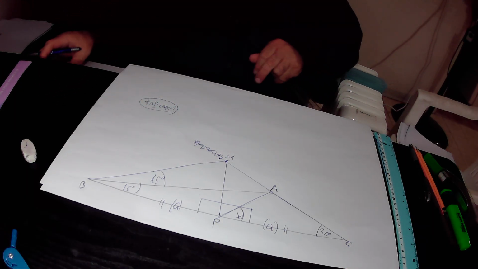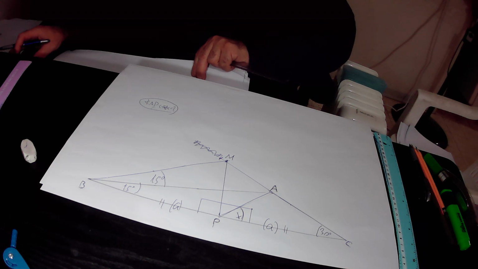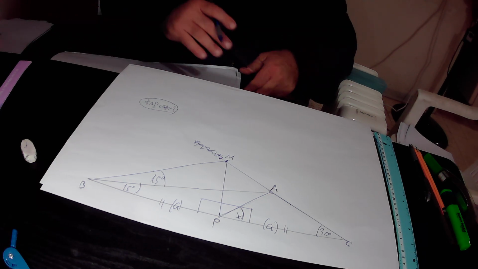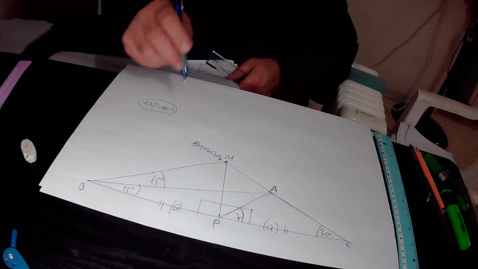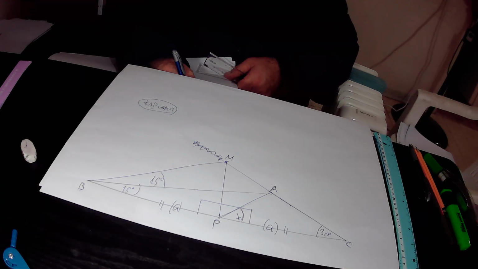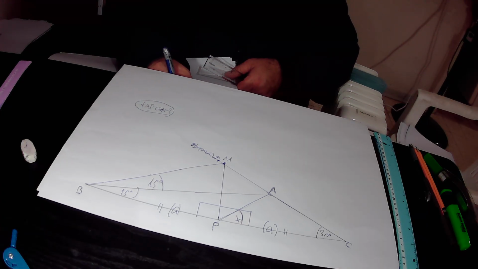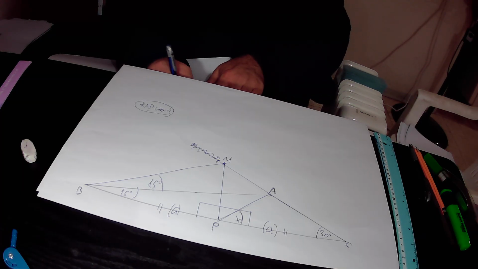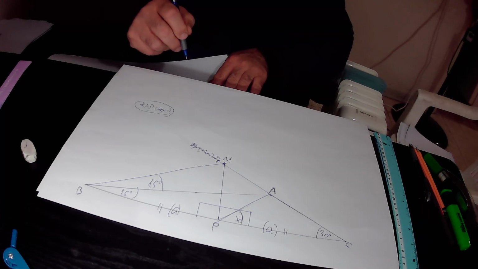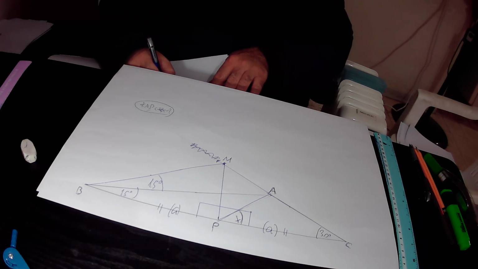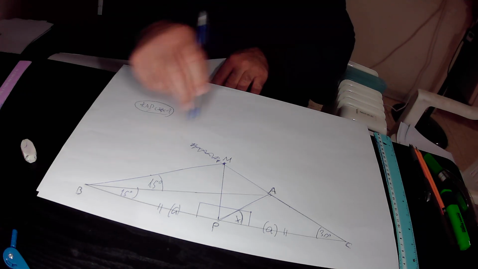So I write it down. In the right triangle MBP, sin 30 degrees equals MP over MB.